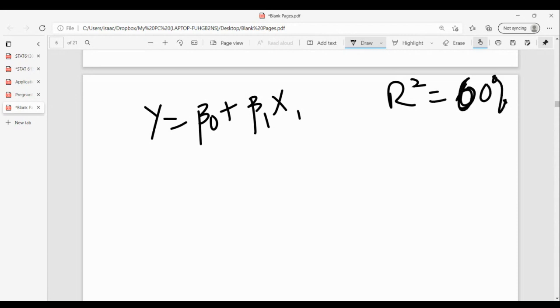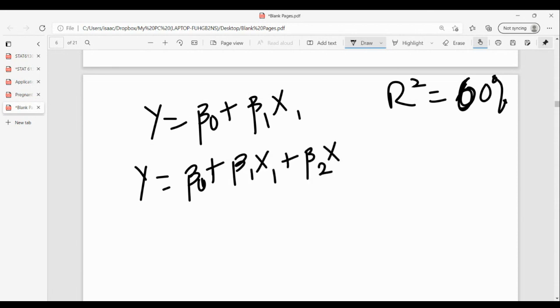And if you add another variable, whether it makes sense or not, then R squared goes up to like 70%.